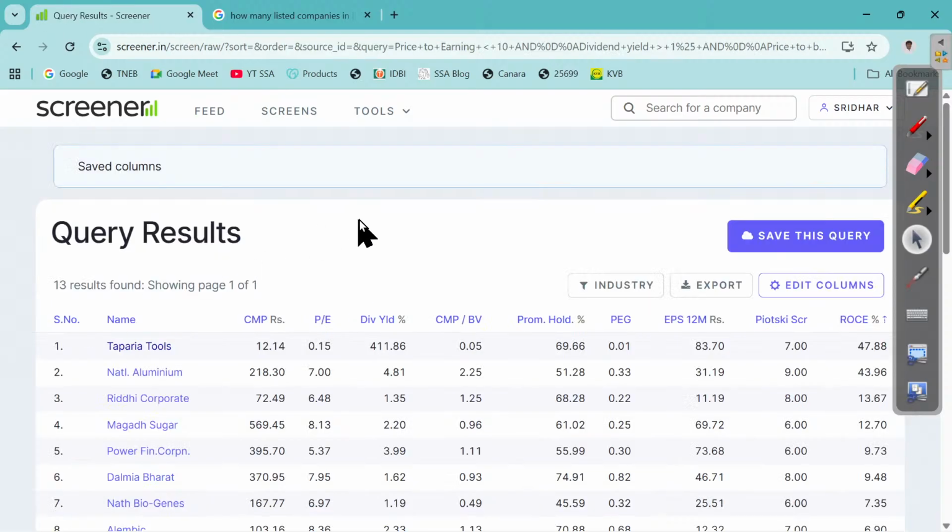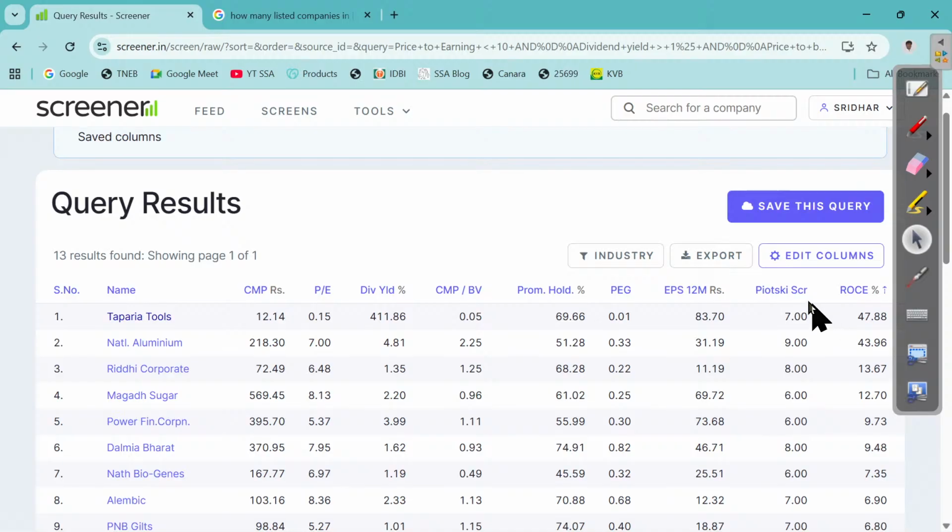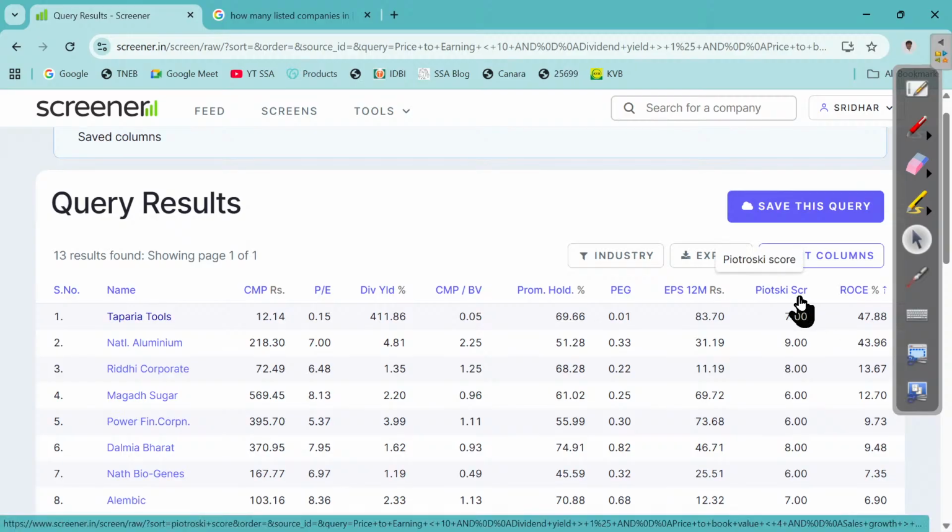Now we got the Piotroski score also. So you can include these ratios for your requirement, and based on these ratios you can very easily decide which company is performing better or not. This financial management is one of the beautiful chapters where all the study you have learned here can be used in screener-like software or somewhere you get the answer easily.